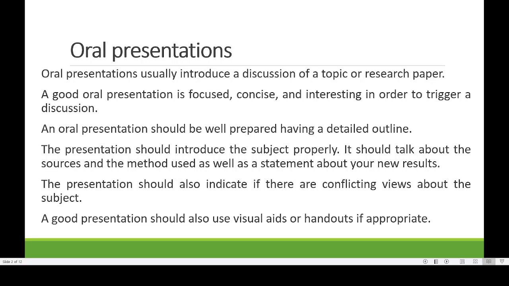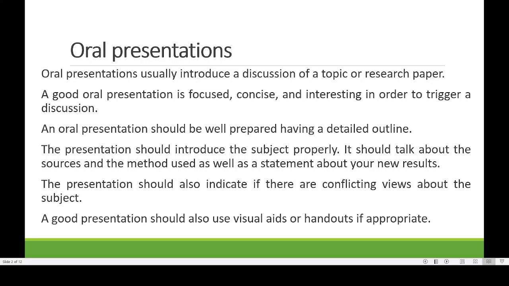The person who is observing might feel that this is an interesting work. Then only will they start watching your presentation properly. They may be interested in asking some doubts, or we will have a discussion at the end. So all these are very important. Your presentation should be focused, concise, and presented in an interesting manner.